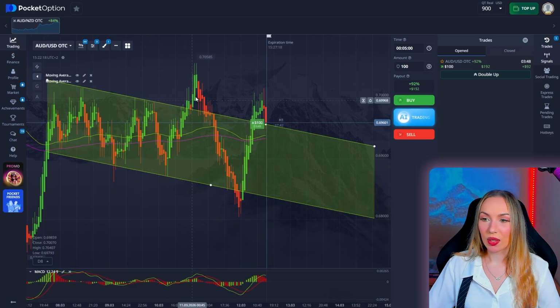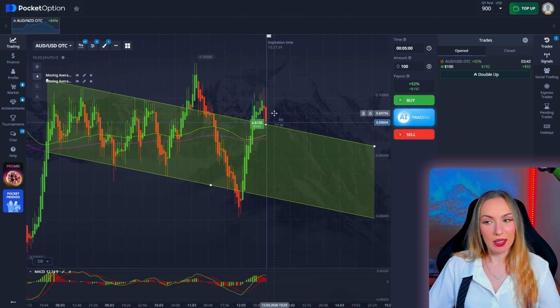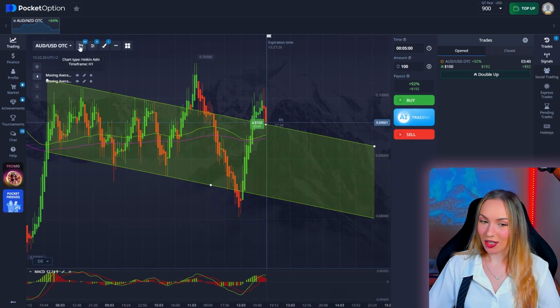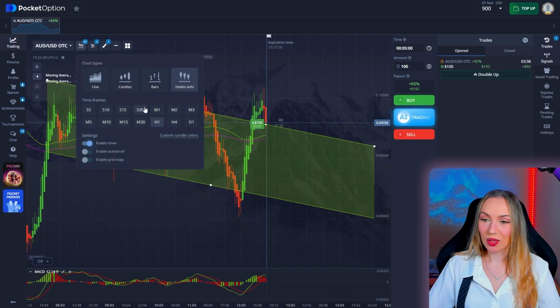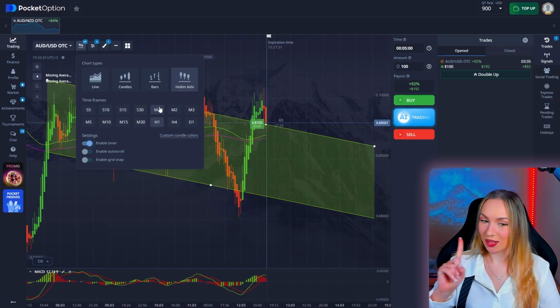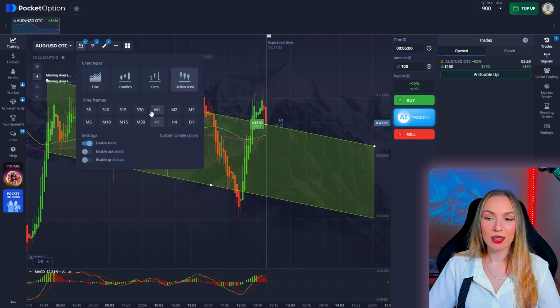But anyway, here was a false break, and here it broke the resistance line again. So it means that the price changes the trend, and probably soon it's going to be the upward trend. So that's the first reason why I opened the trade in the upward direction.